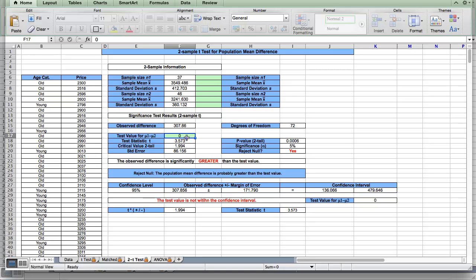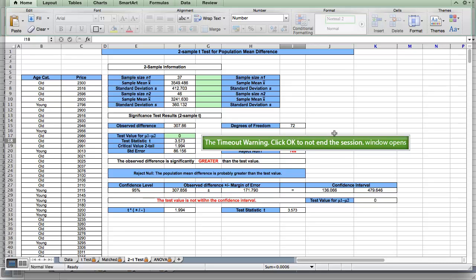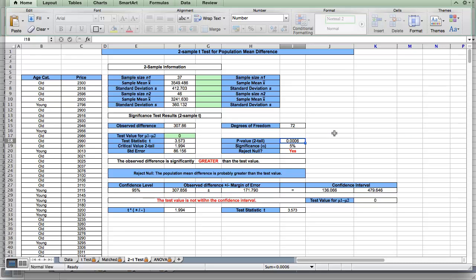The t statistic and the p-value give an indication of how strong this result is. T for 72 degrees of freedom is 3.57, and p equals 0.0006, which is a highly significant result. So we're concluding here that age category has a highly significant effect on price.